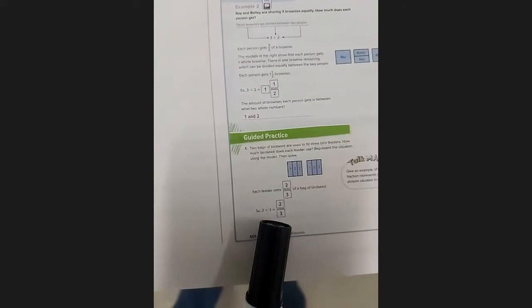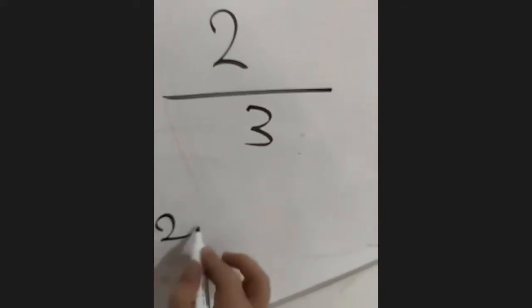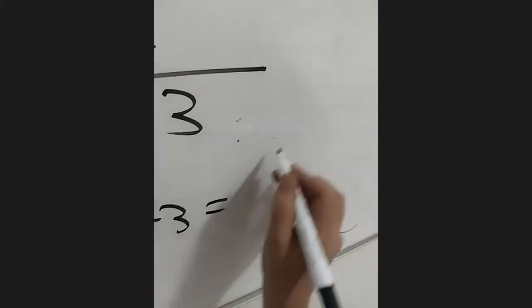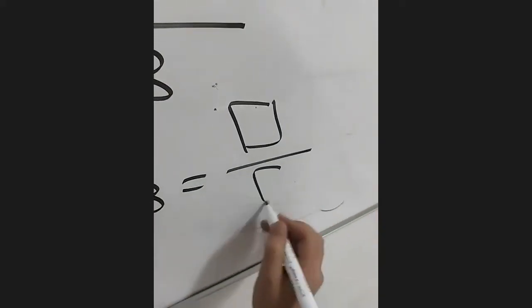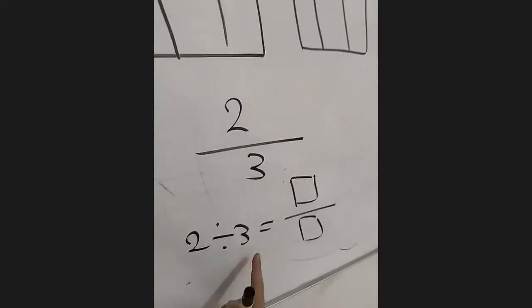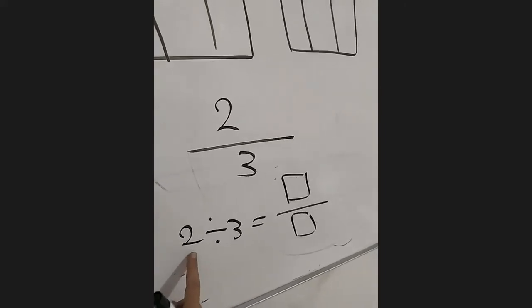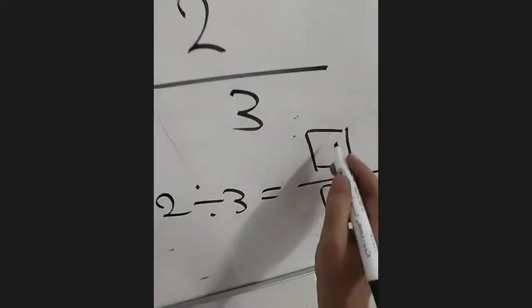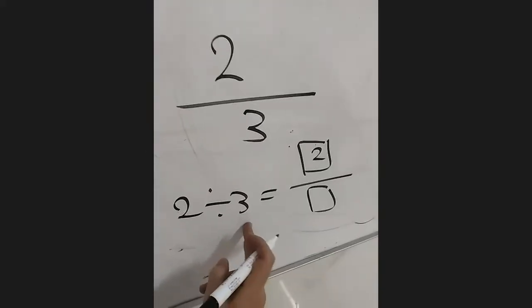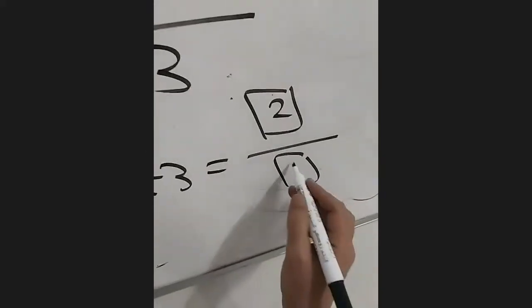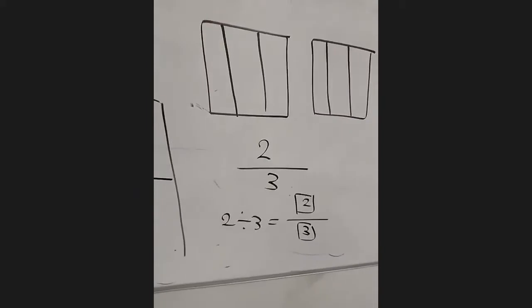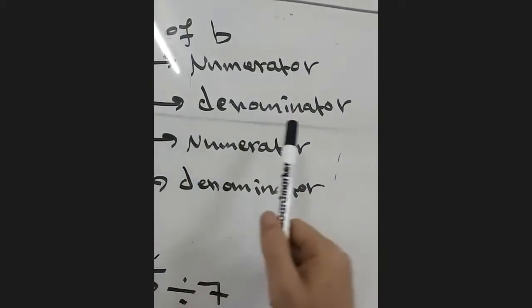So 2 divided by 3 equal. They wrote 2 divided by 3 equal. We have a square here and a square here. 2 divided by 3, the dividend will be the numerator. The divisor will be the denominator. Okay? Don't forget the upper number, numerator. Lower number, denominator.